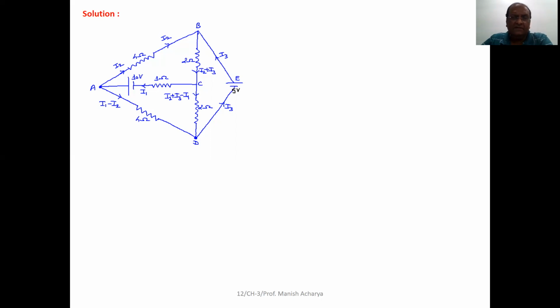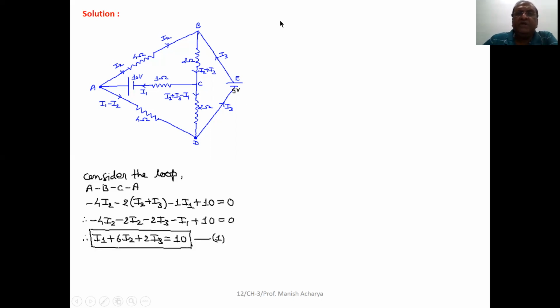Now let's start. Suppose first we consider loop A, B, C, A. So A to B, current is I2 through resistor 4 ohm. We are moving in the direction of the current, so here the potential difference is taken as minus 4I2. Then B to C, the 2 ohm resistor, current through it is given as I2 plus I3, and we are moving in the direction of the current.